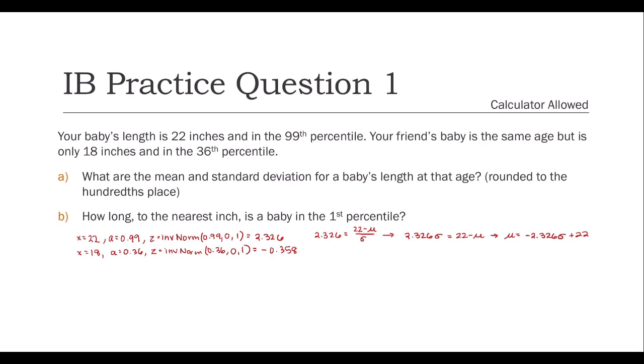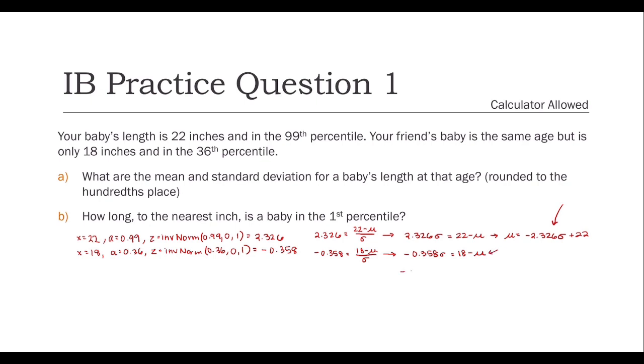For the second one, our z-score equals our x value minus mu over our standard deviation. We can get rid of our fraction by multiplying by our standard deviation. So we have negative 0.358 times the standard deviation equals 18 minus mu. So we'll go ahead and plug in our mu here into this equation.